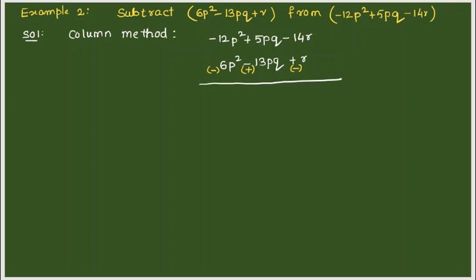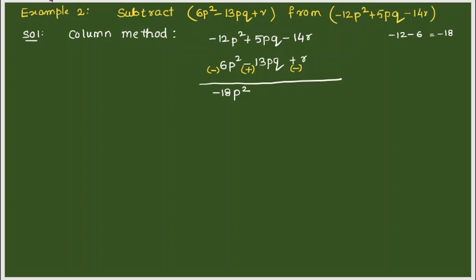So now you need to write down the value. Now we need to add these. How to add? Minus 12, and what is the symbol of 6? Minus 6. So minus 12 minus 6 gives us minus 18. What is the variable here? p square.